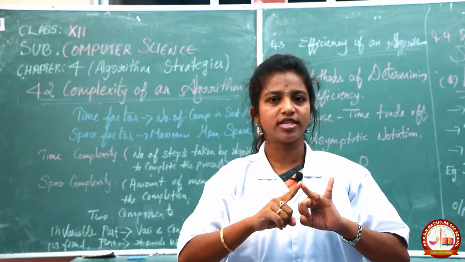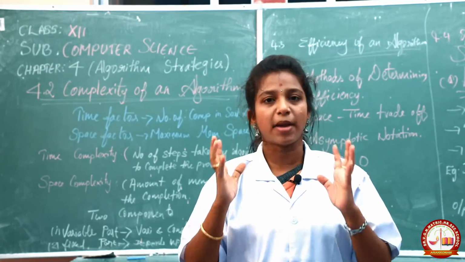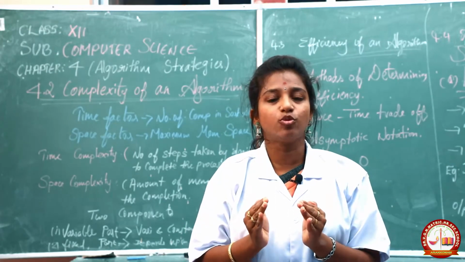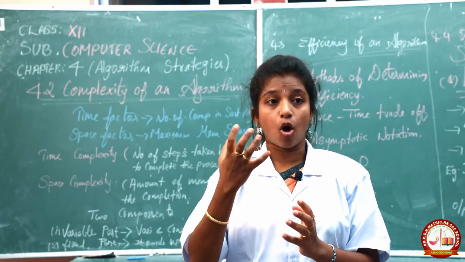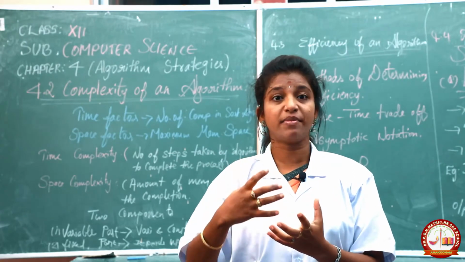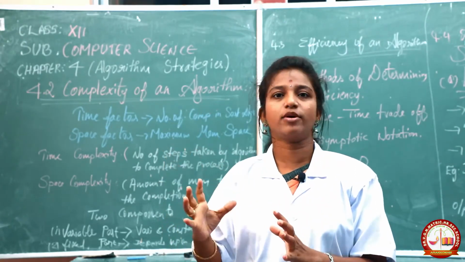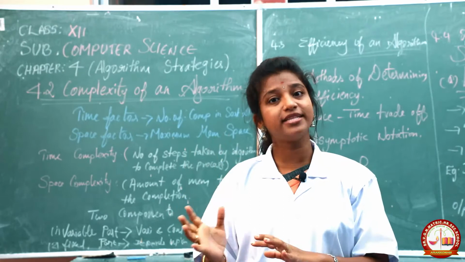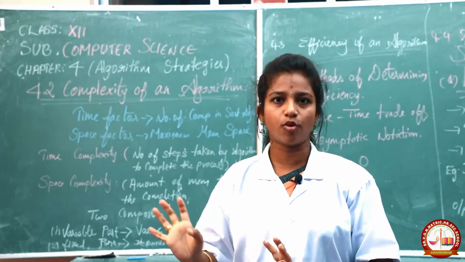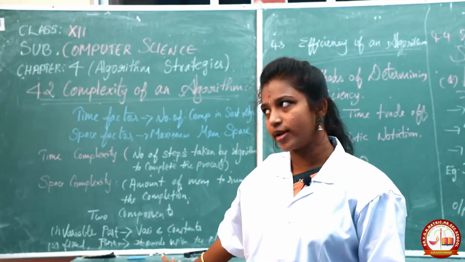And space complexity is the memory space: how much memory is needed to save and complete the process.